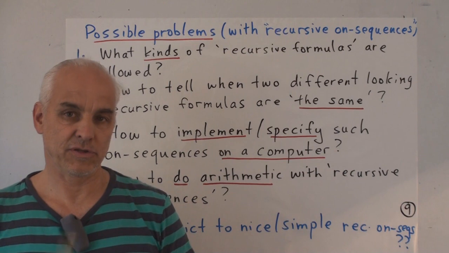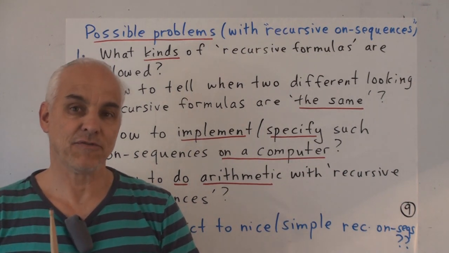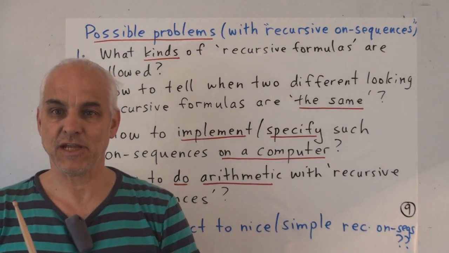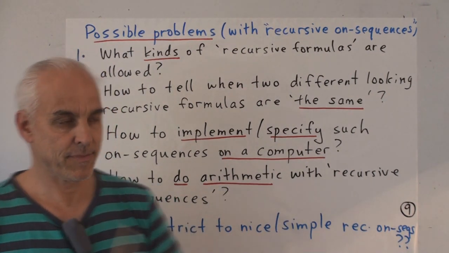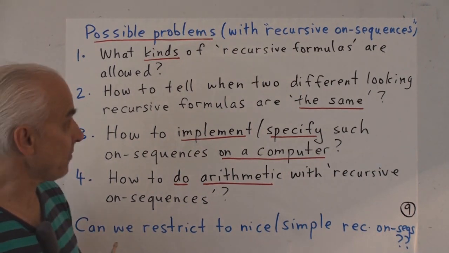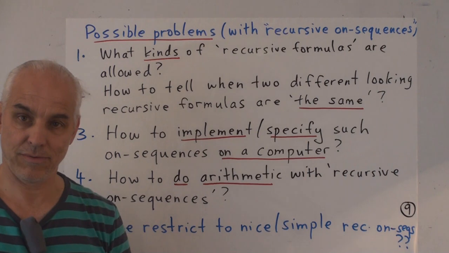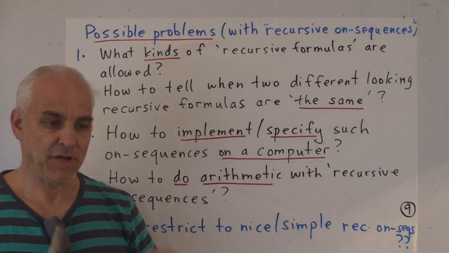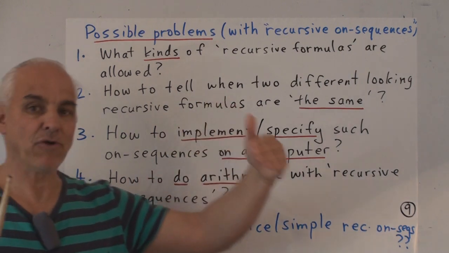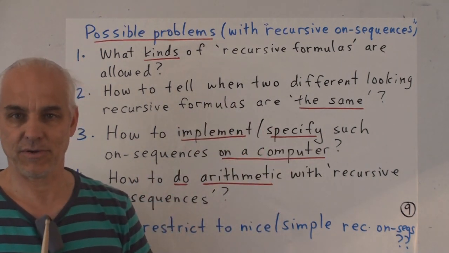So various difficulties have surfaced with the idea of trying to define recursive sequences and to try to set up a theory for them. Amongst these difficulties are, first of all, what kinds of recursive formulas are we going to allow? The ones I've included are relatively simple, but you need to be able to set boundaries to what kinds of formulas you're going to consider.